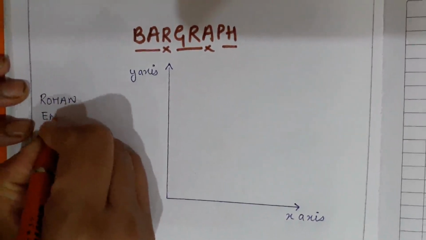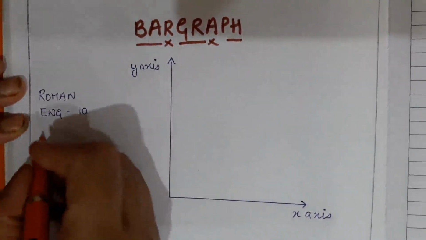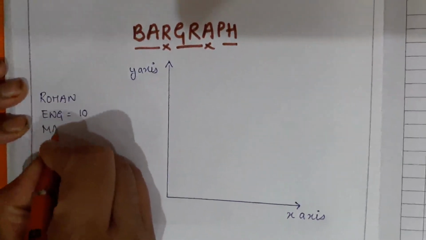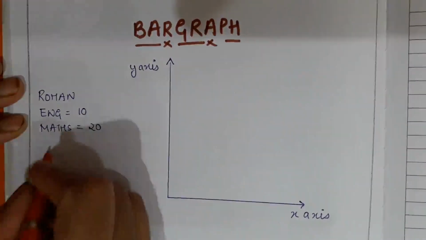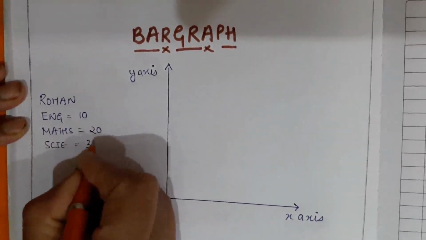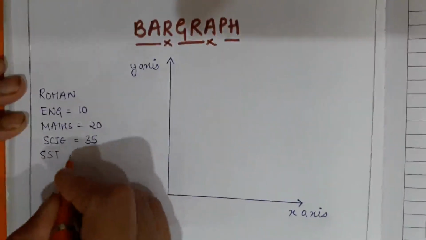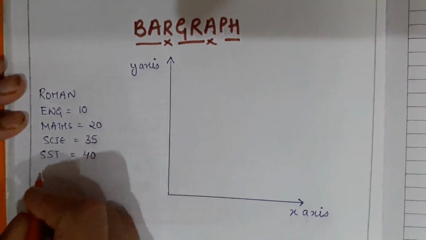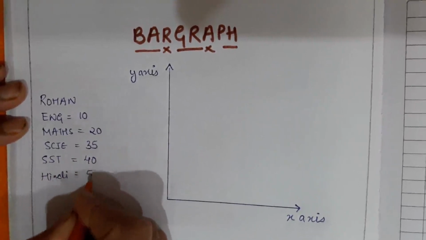In English he has 10 marks out of 50. In maths he has 20 marks out of 50. In science he has 35 marks. In social science, SST, he has 40 marks, and in Hindi he has 50 marks.